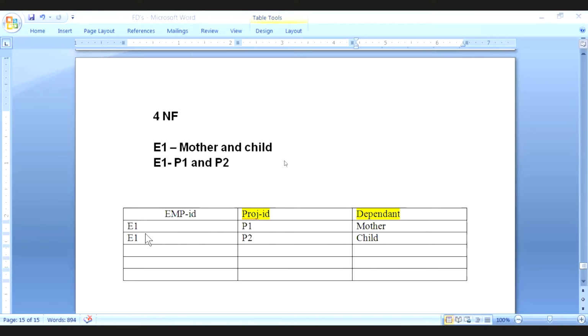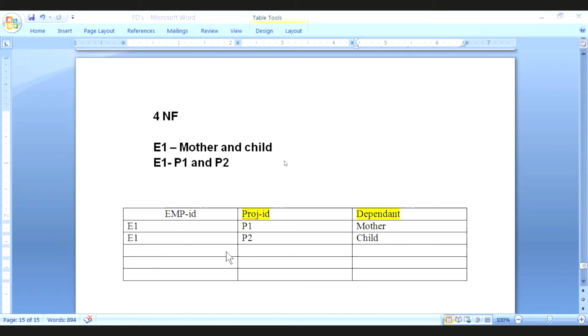However, if I insert the records in this manner, what is the problem? From the very first record, it seems as if E1 is an employee who is involved in project P1 only when the mother is dependent on the person. Or in other words, it seems as if mother is dependent on the employee only when the employee is involved in project P1, which is a totally logically wrong information.